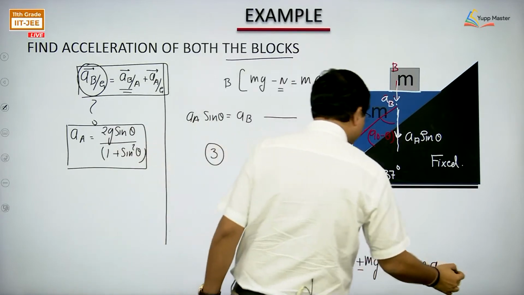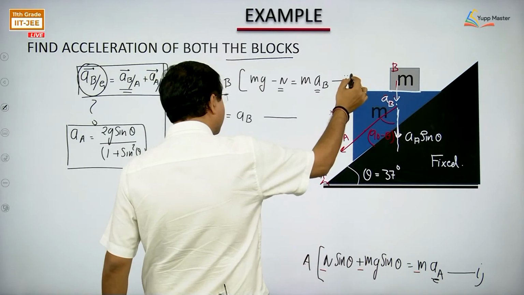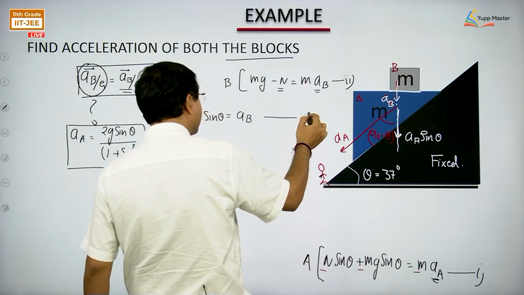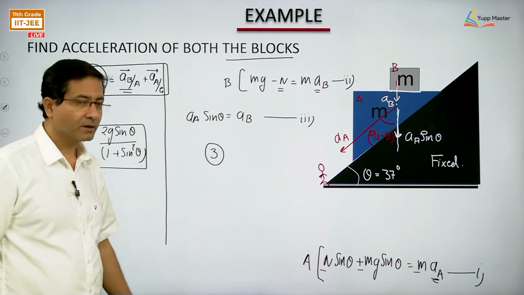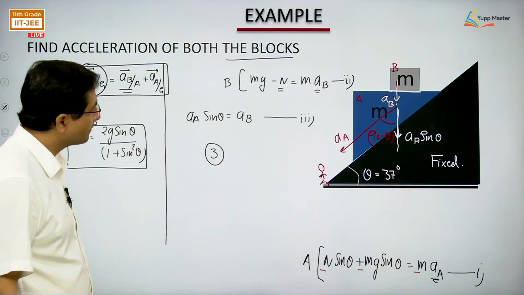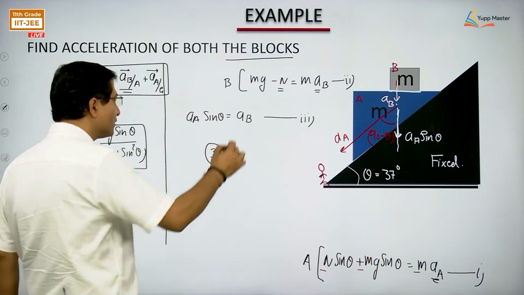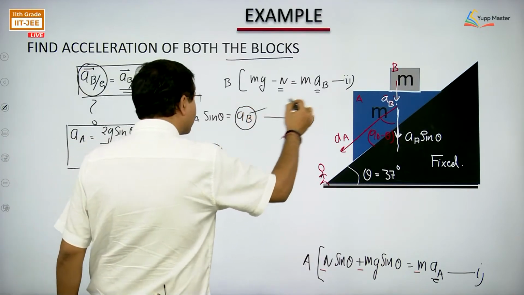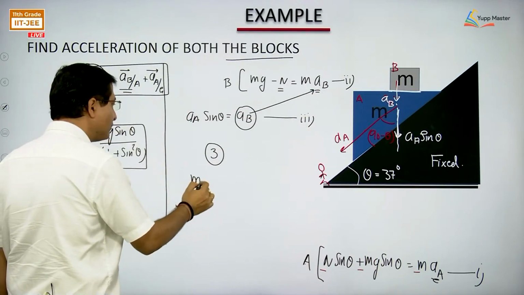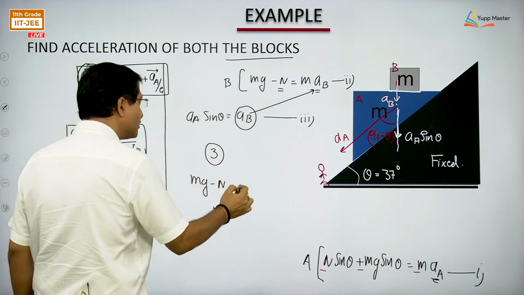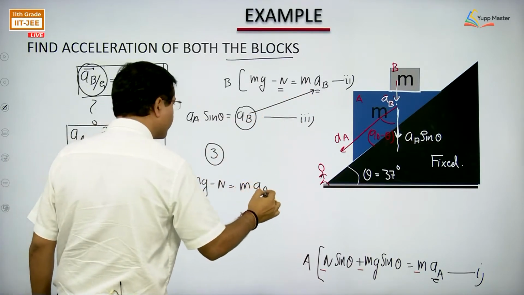So now first, second and third, we can solve these three equations. We can check whether we are getting the same answer or not. So let's simplify. If I substitute this value here, then I can see mg minus N is equal to m, AB is AA sin theta.